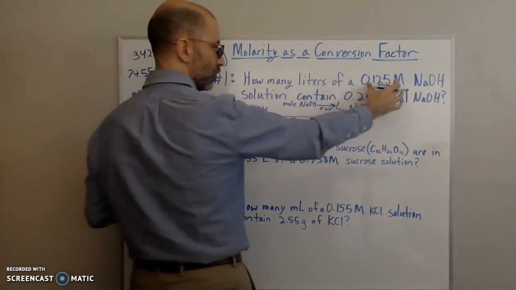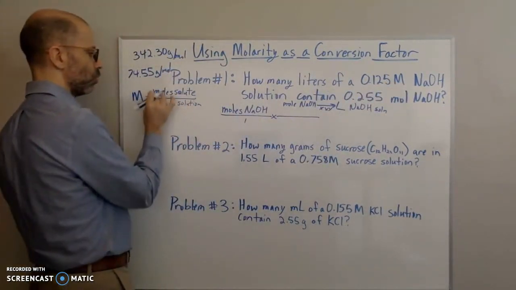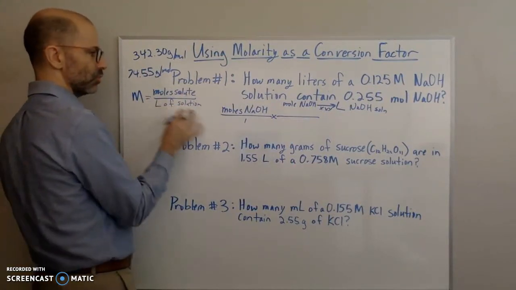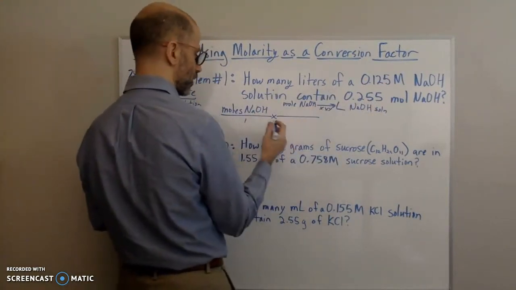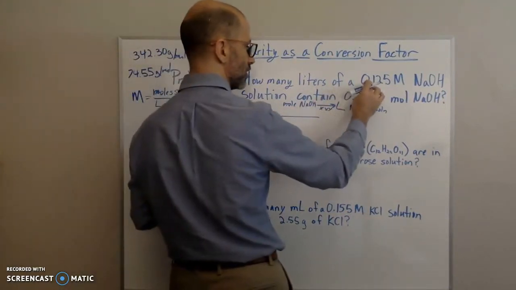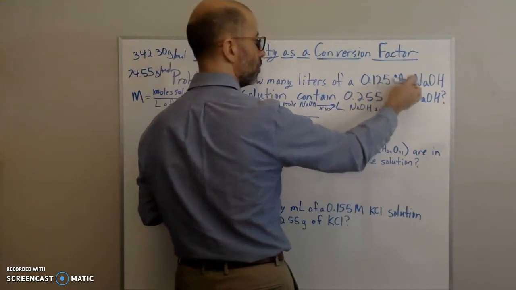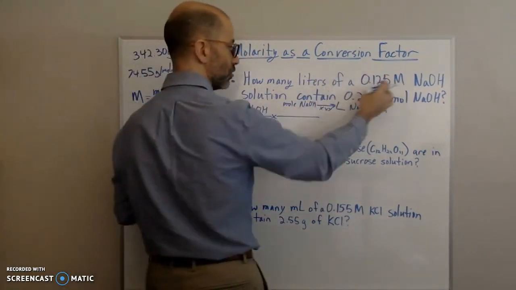But it's a good thing they gave us molarity, because molarity is a relationship between moles of solute, in this case NaOH, and liters of solution. So we can use molarity to convert. Using the definition, this means that we have 0.125 moles per 1 liter of the solution.